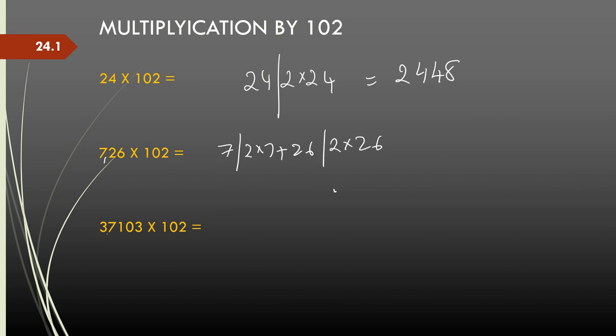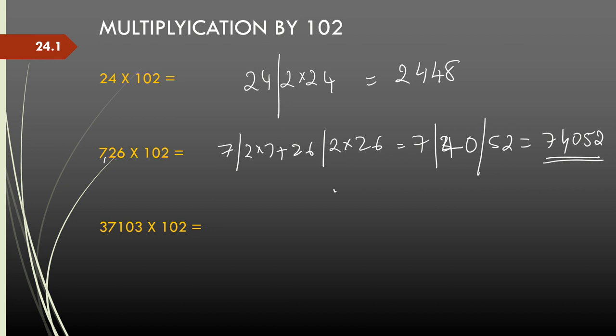So, you start from the left, you write 7 first, then you multiply this with 2 and add to 26, and then the last part will be twice of 26 itself. So, this is 7, this is 14 plus 26, that is 40, and then 52. So, this is 74052. Each part will have 2 digits. There is no passing unless there are more than 2 digits.